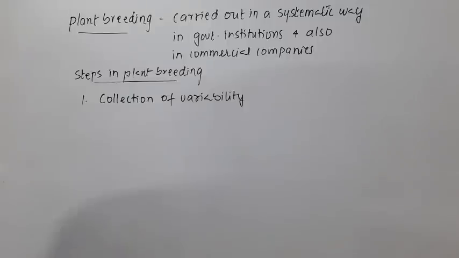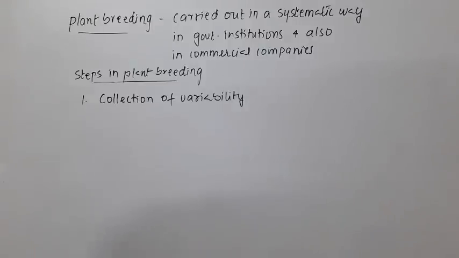If you look at wild plant varieties, you may find one plant that has the property of disease resistance, but it may not have any other desirable characters. Or another plant produces very good quality grain, but it is not capable of resisting diseases, or of living in drought conditions.